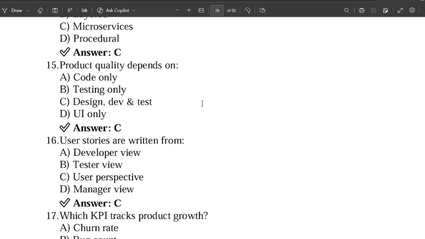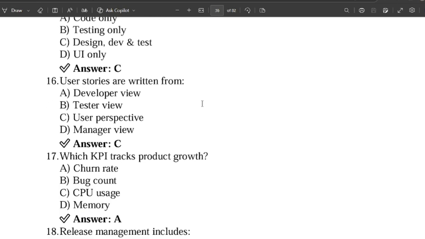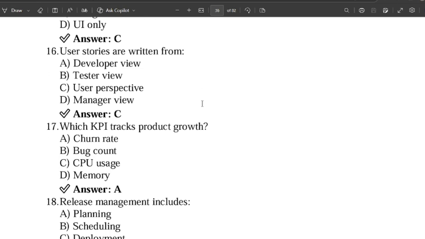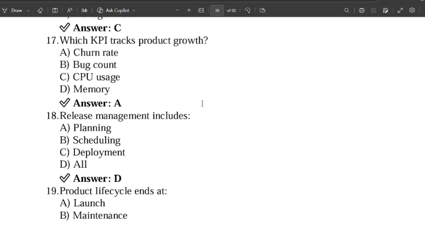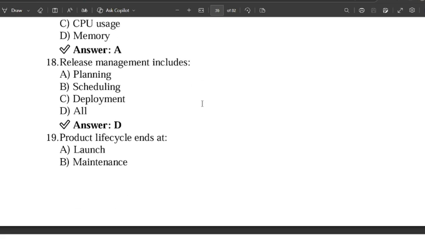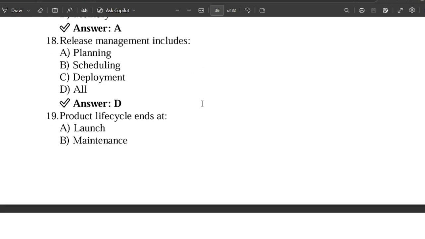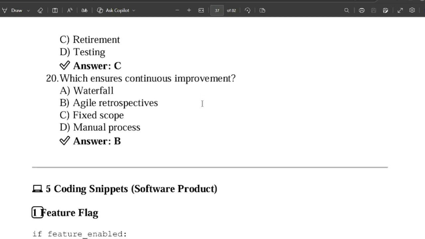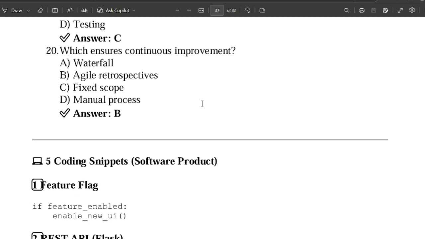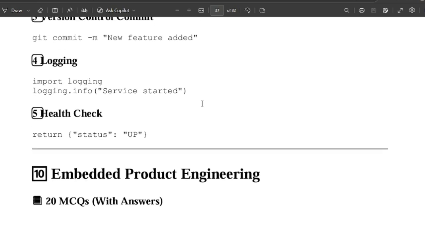Product quality depends on design, development, and test. User stories are written from the user perspective. Which KPI tracks product growth? Churn rate. Release management includes all. Product lifecycle ends at retirement. Which ensures continuous improvement? Agile retrospectives. And the coding snippets.